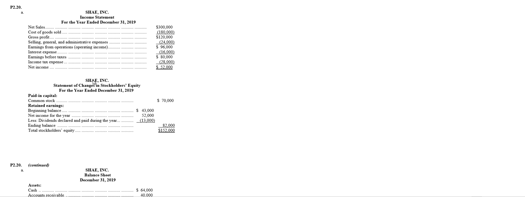We've already worked a few problems associated with the beginning balance and then adding net income. You'll notice the net income amount comes from the income statement. And then they take out dividends, and then you have this ending balance of retained earnings that you add to paid-in capital to get total stockholders' equity.